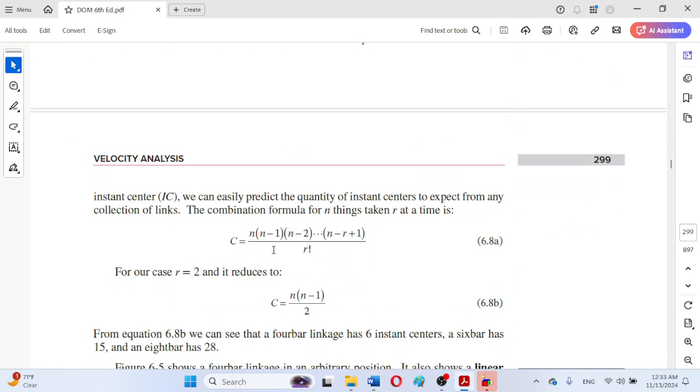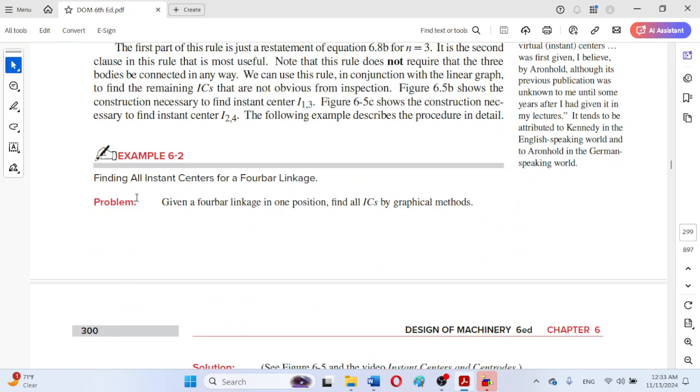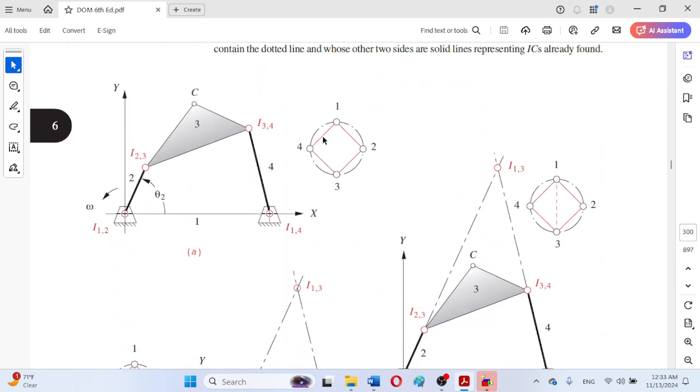Here, on page number 299, the author has used the term that it also shows a linear graph. So the method is that we will be creating a center or some circle, which will be divided into as many divisions as there are links in a mechanism.